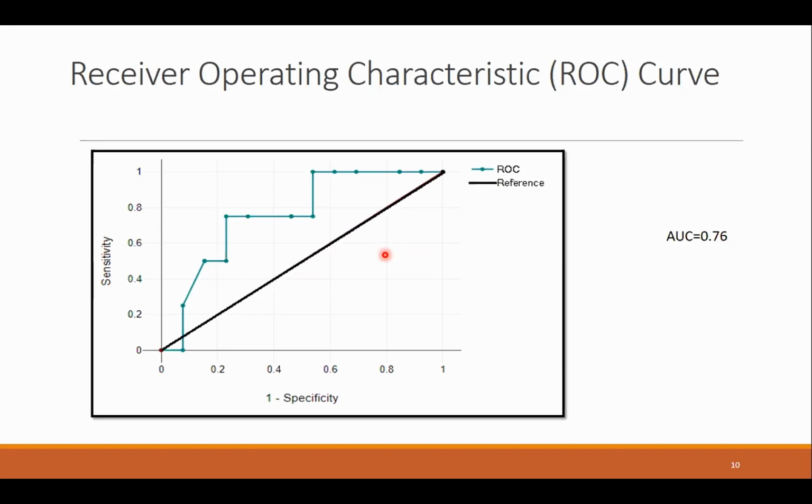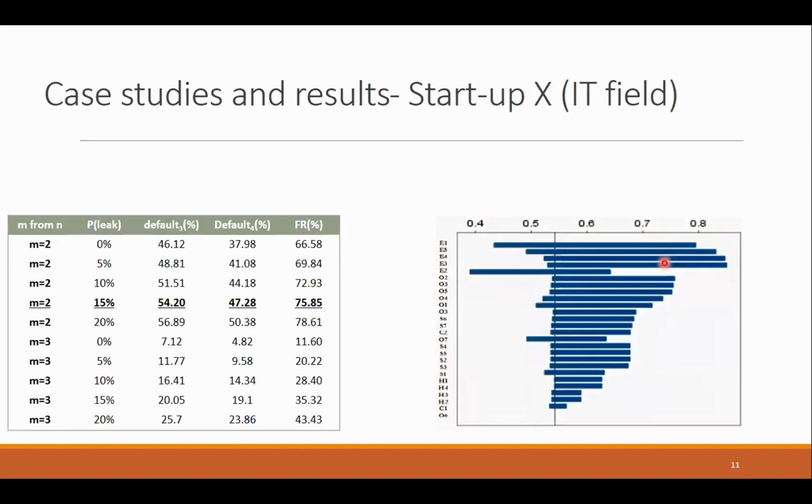If it is between 80 to 90, it is regarded as excellent, and if it's above 90%, it is almost perfect. And the AUC of our model is about 76%.